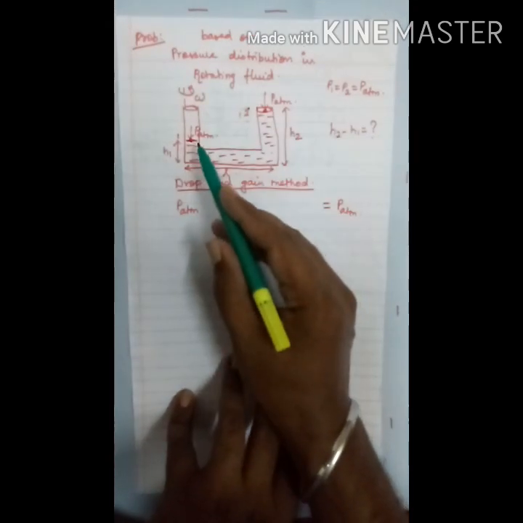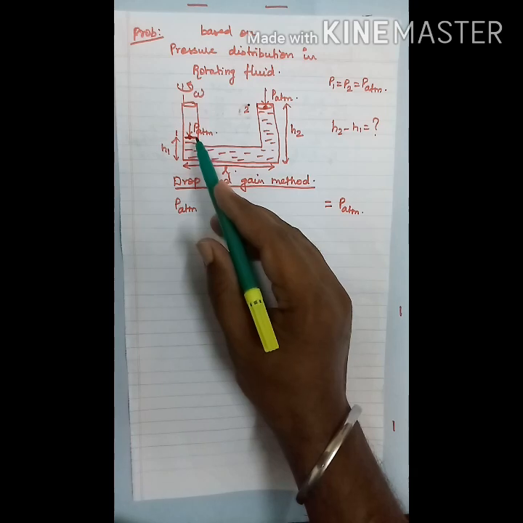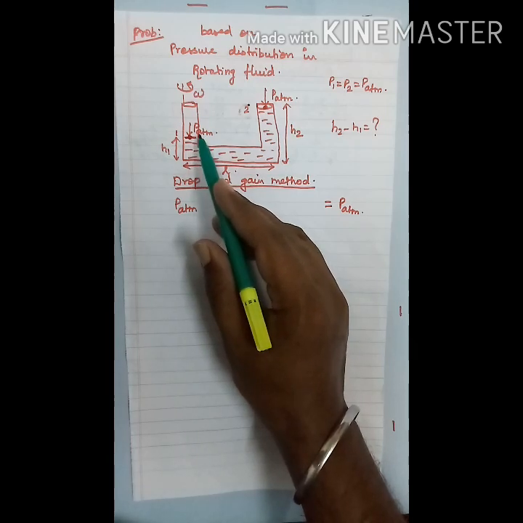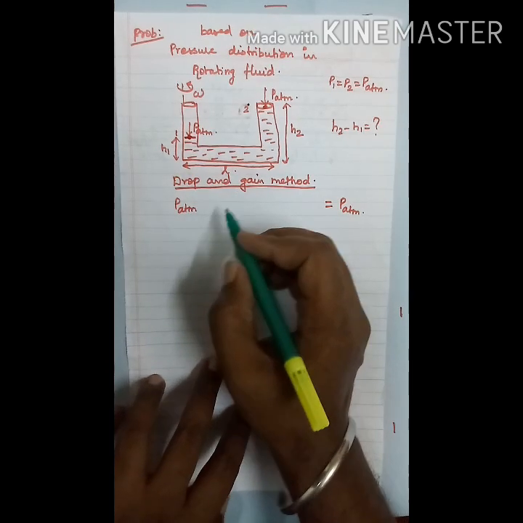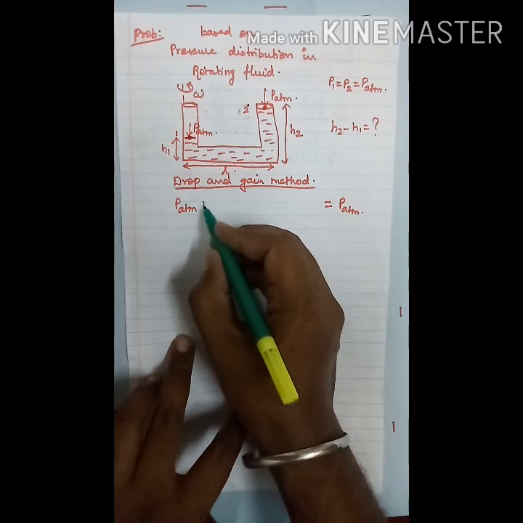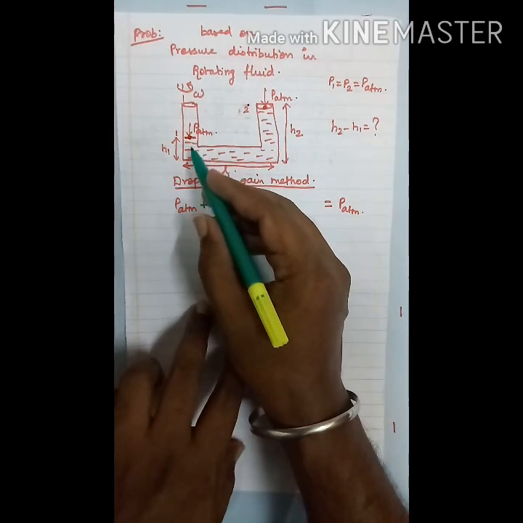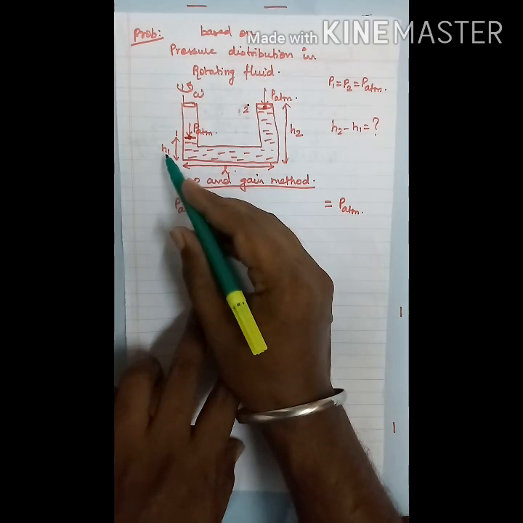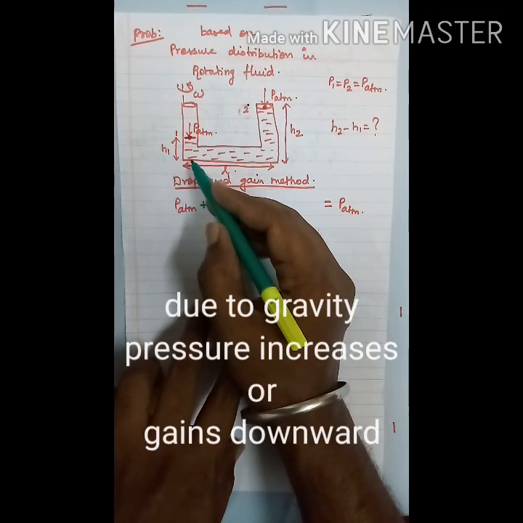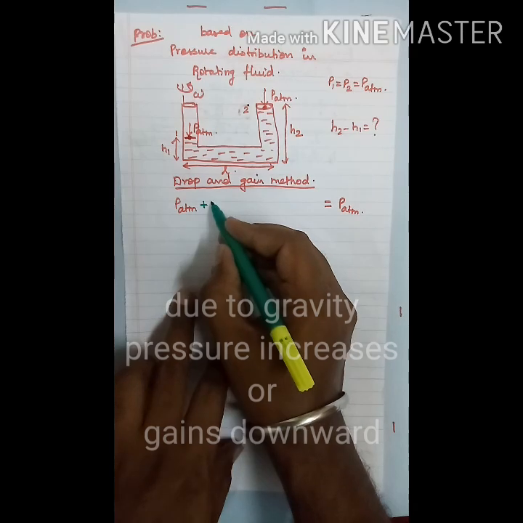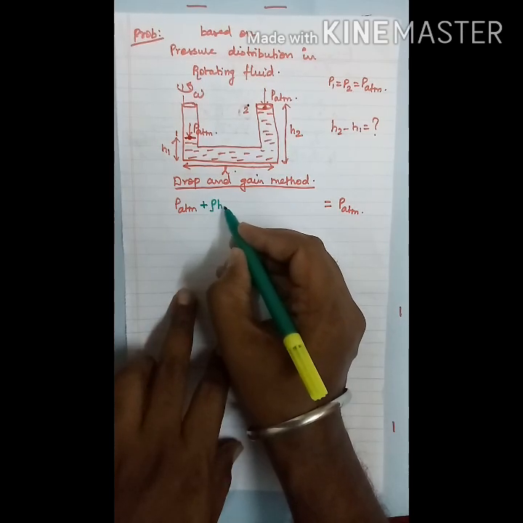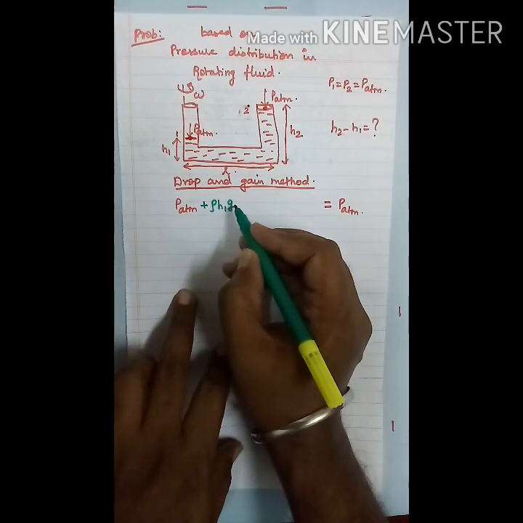This side limb has a surface pressure of atmospheric pressure. So atmospheric pressure plus, if you go downwards to the height of h1, the pressure will increase, so you can write it as rho h1 g.